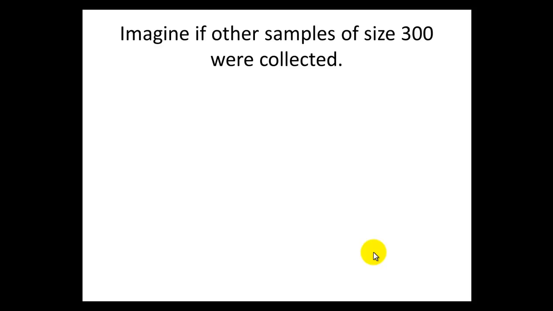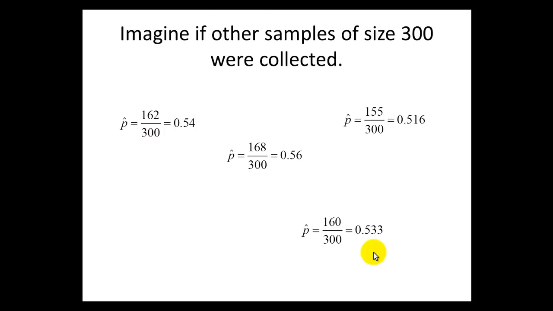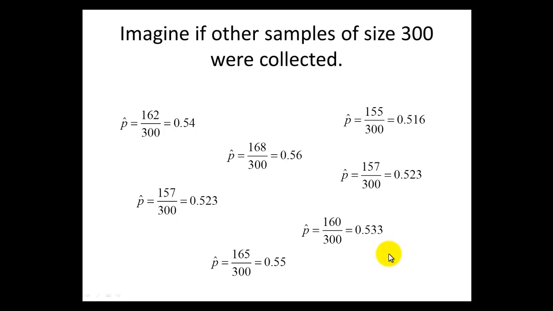What we have to consider, again, is if they interviewed a different 300 voters, still randomly selected, but different individuals, they might not always get the same result. We would imagine that each sample of size 300 would give us slightly varying results.